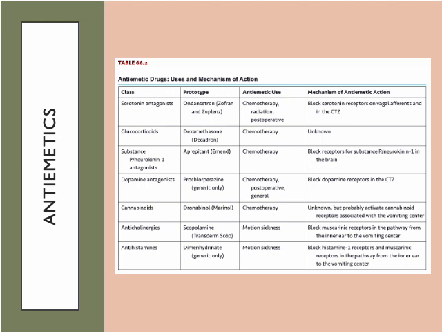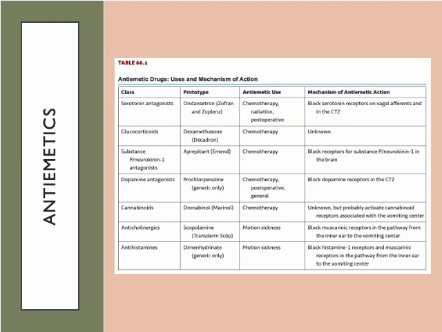Glucocorticoids can be used, like Decadron, for chemotherapy as well, and the action really is unknown on how glucocorticoids work to reduce emesis. Another one that we can use for chemotherapy are the substance P, the neurokinin 1 antagonists, and they will block the receptors for substance P, neurokinin 1 in the brain, and this will reduce that feeling of nausea and dizziness.